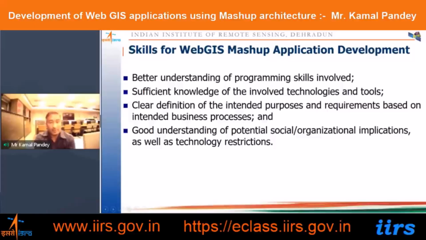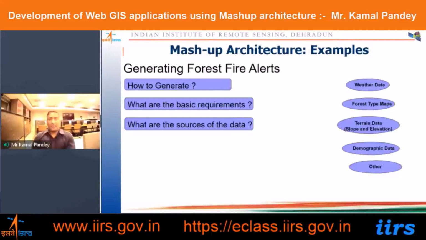What is the intended purpose, what are the requirements, and which business process or particular decision making process you intend, that definition should be very clear. Also there should be a good understanding of the potential social and organizational implications as well as the technological restrictions. It is not like technology is there so I can do anything. So you should be aware of all those potential restrictions as well.